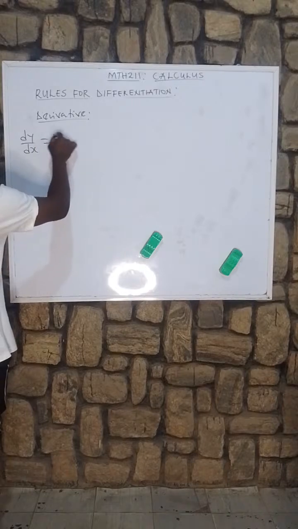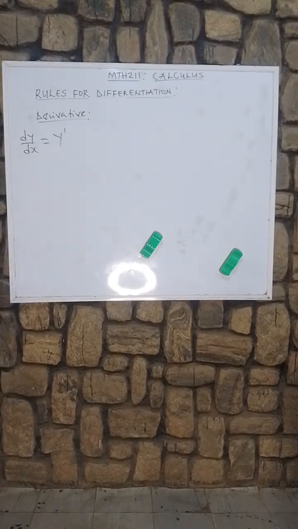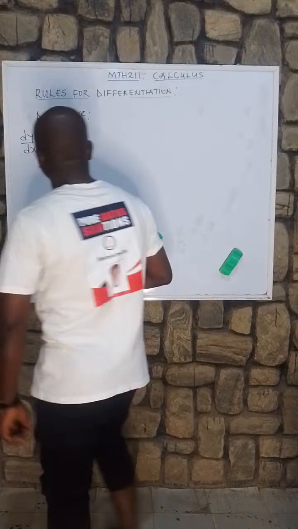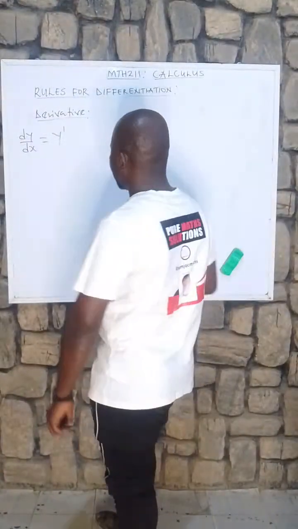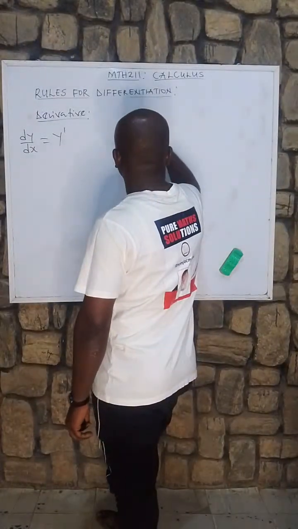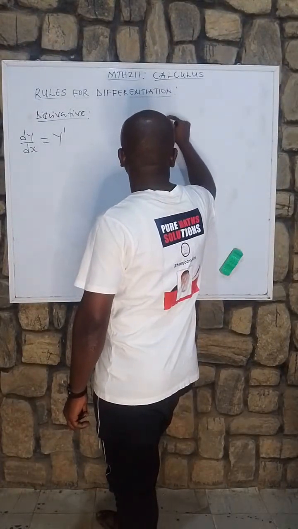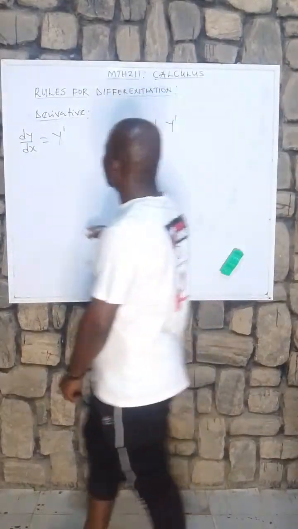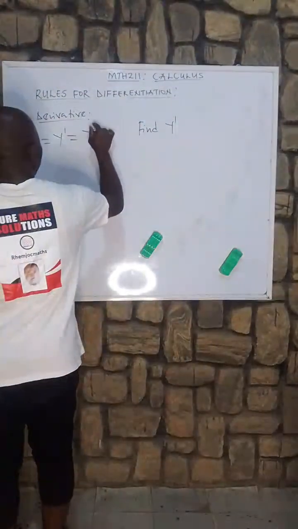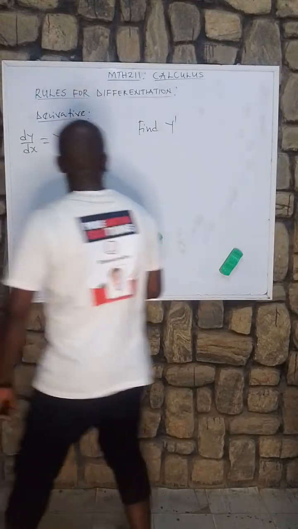This is the same thing as y prime. It is not only dy all over dx that you will see. Is that clear? Sometimes they will ask you to find y prime. And this is the same thing as, in physics, y dot.